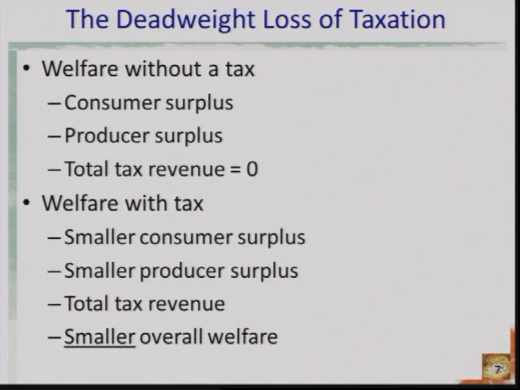Now, with the tax, you can see after you take out that pink rectangle, there's going to be definitely smaller consumer and producer surplus. Because we've shrunk the market overall, first of all, and then we've got to give some of it to the government. So some welfare is lost out overall, even if you were to count that tax revenue, that pink rectangle, as part of surplus.